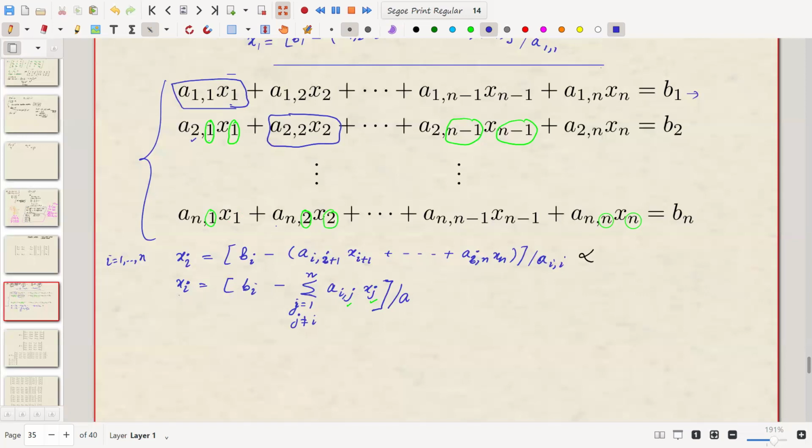What should you divide by? What should I divide with? Yeah, a_ii.